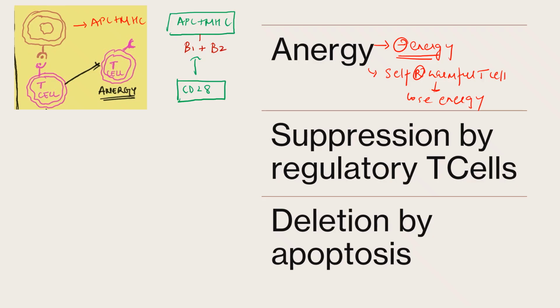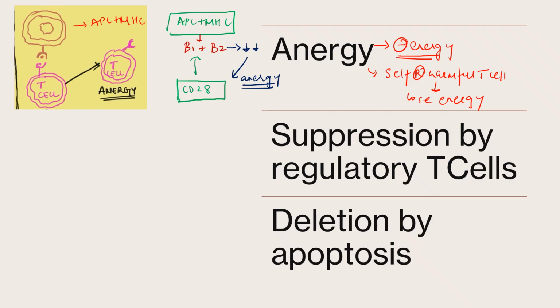These are the set of co-stimulators. But what happens is, when B1 and B2 are expressed less, there is decreased expression of B1 and B2, then that would lead to anergy of CD28. So this is one mechanism.